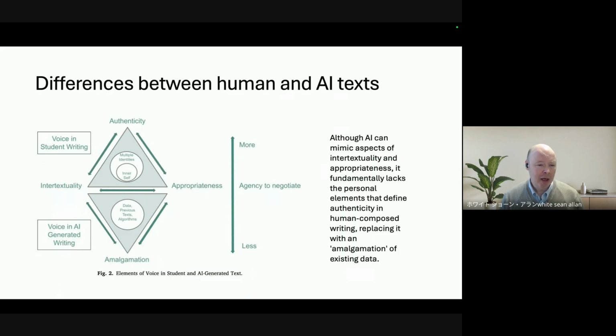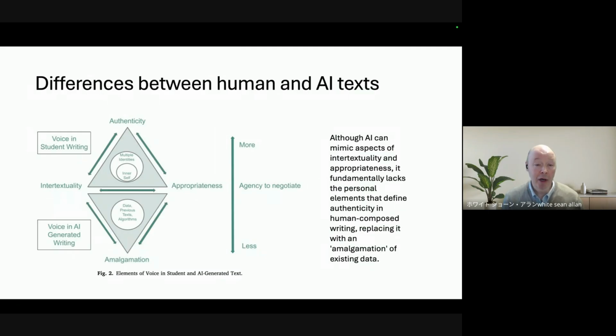Also, according to their research, or at least studies that they refer to, intertextuality in AI text is very vague, very often uncited, based on a kind of statistical average, whereas human writing tends, first of all, to have arguments. It tends to be more argument-based rather than just explanatory or expository, but also more explicit in its connections to other sources of information, other voices.